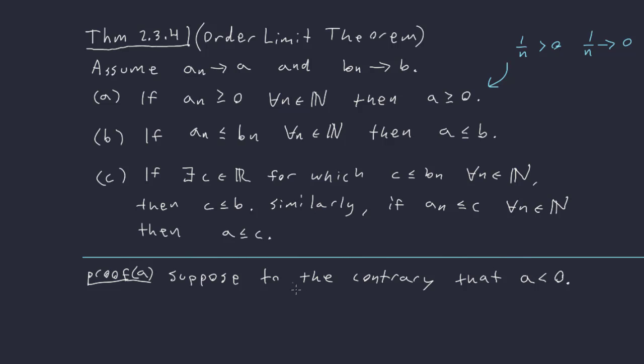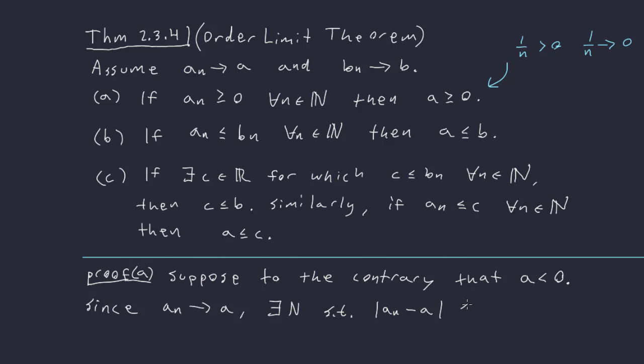Now, we know since a_n converges to A, there exists an N such that the absolute value of a_n minus A is less than really anything we want, as long as it's a positive real number.